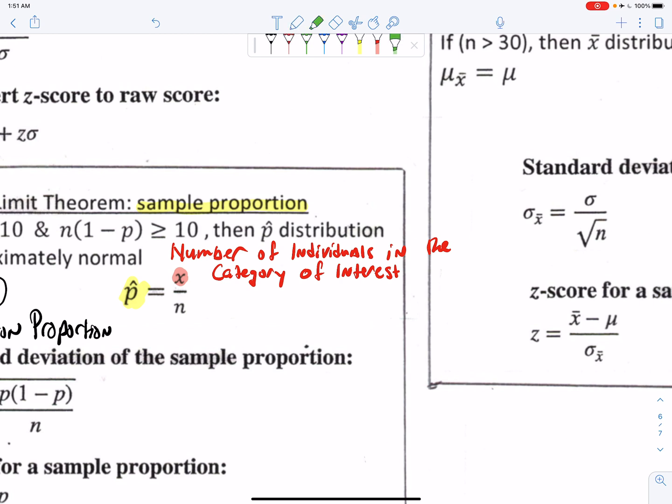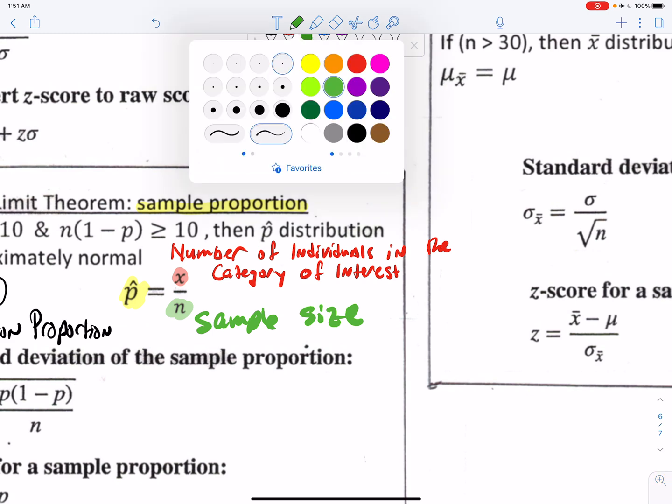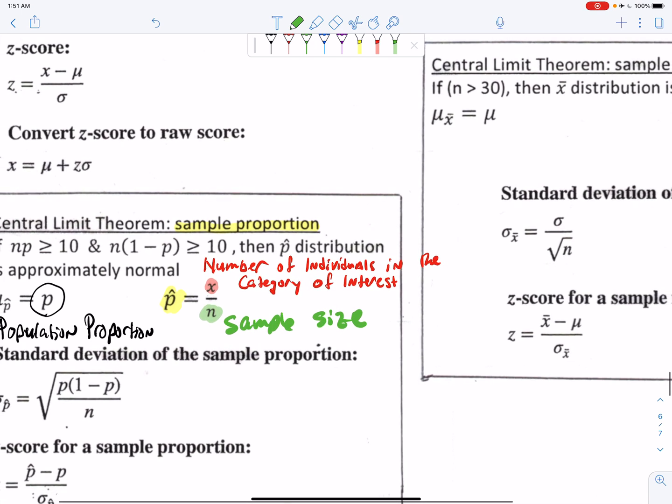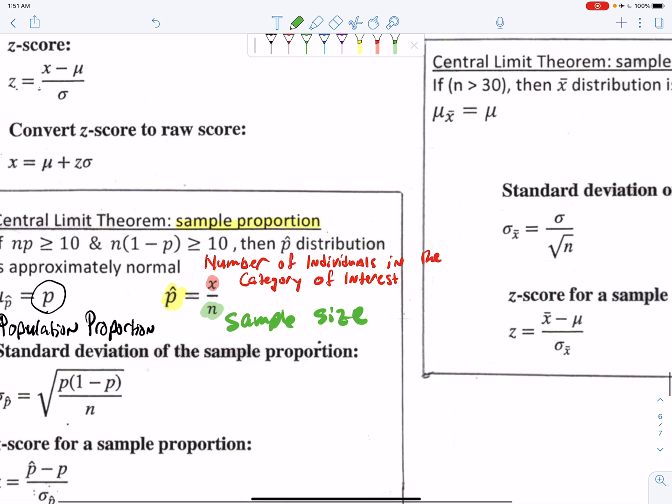Now n would be the sample size, in this case the size of the class. So anyhow, that's something I wanted to review, that our sample proportion is p hat, x is the number of individuals in the category of interest, and n is the sample size. That's real important for us to know.